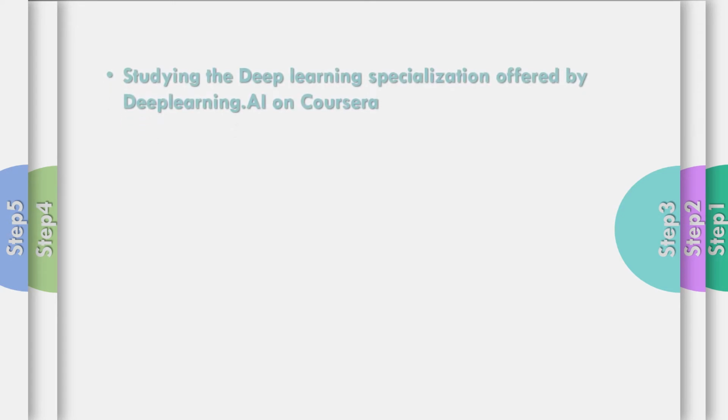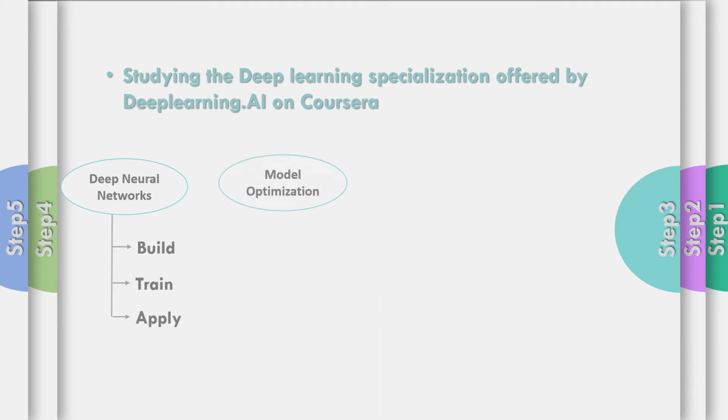Then we planned to start our journey with understanding the basics of deep learning by studying the deep learning specialization courses offered by deeplearning.ai on Coursera. This specialization was a great beginning for our journey as we learned from it how to build, train, and apply fully connected deep neural networks for classification problems using vectorization technique.